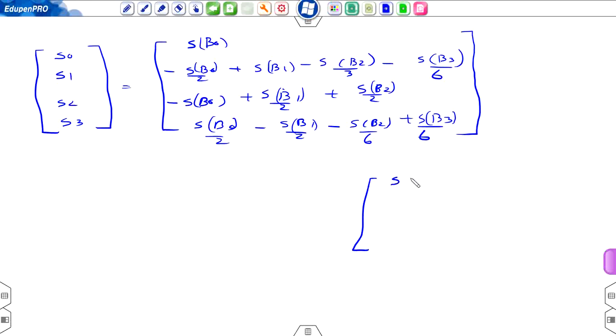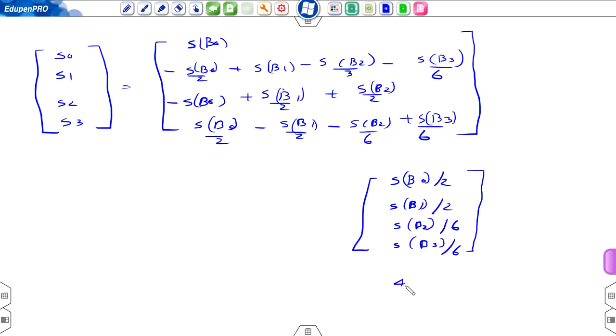So I have S of beta 0 by 2 and S of beta 1 by 2, and for this S of beta 2 by 6 and S of beta 3 by 6.